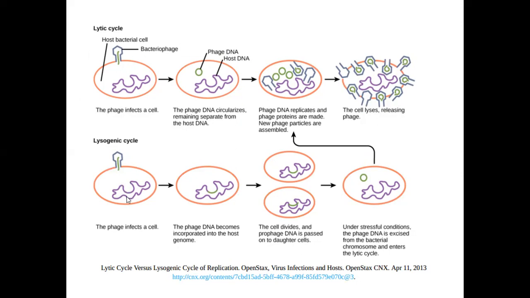Lysogenic cycle means that after injection, the phage DNA does not go to the process of reproduction, but it goes to the bacterial chromosome, integrates into the bacterial chromosome and becomes a prophage.